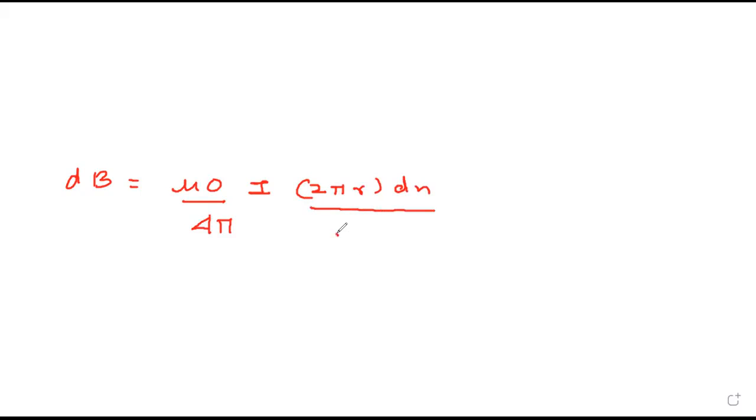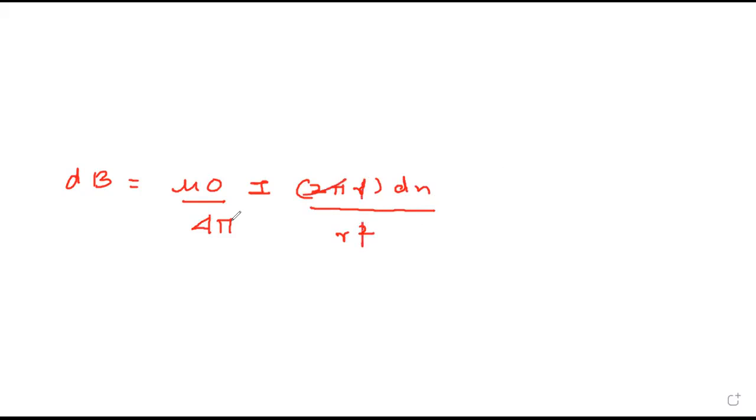Now dB due to elemental length at center is mu naught upon 4 pi into current I into dl. dl is nothing but 2 pi r into turns dn, ये dl हो गया पूरा, upon r square. Sin theta will become sin 90, which is 1.